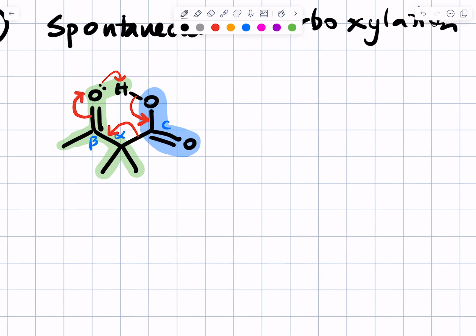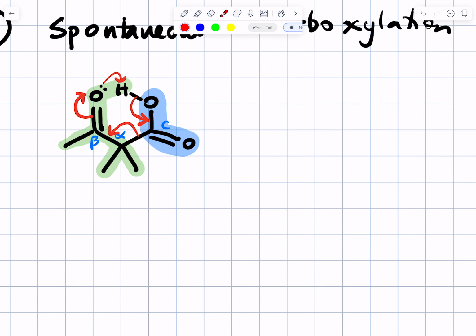In other words, you've never seen a carboxylic acid do this, but essentially we're seeing a carbonyl kicker-offer type reaction. The oxygen on the carboxylic acid does the kicking off.